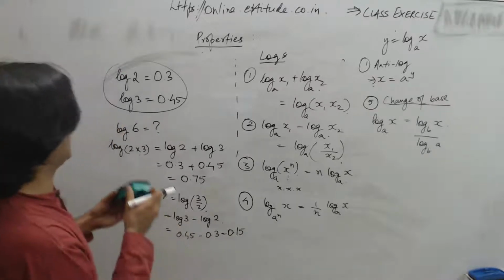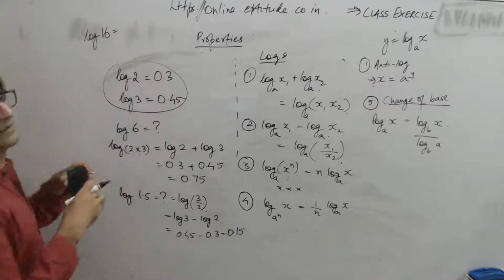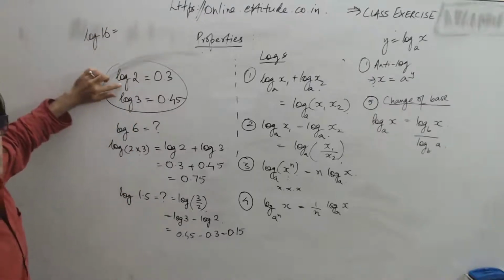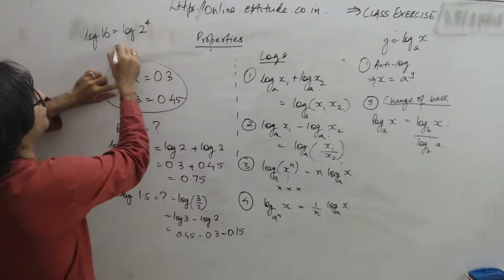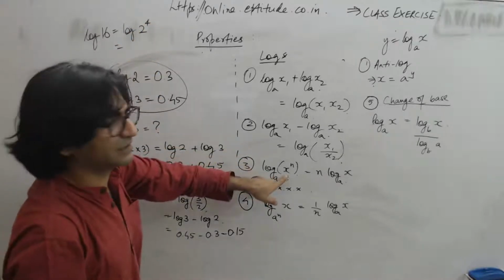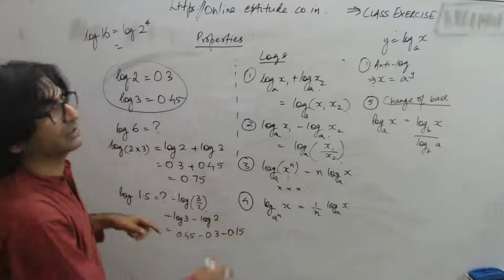Similarly, if I ask you what is the value of log 16, so remember you already have log of 2. So if I write this as log of 2 raised to the power 4, then by using this property, whenever the radicand has a power n, that power n comes out in the numerator.